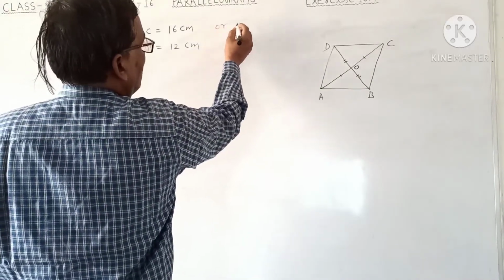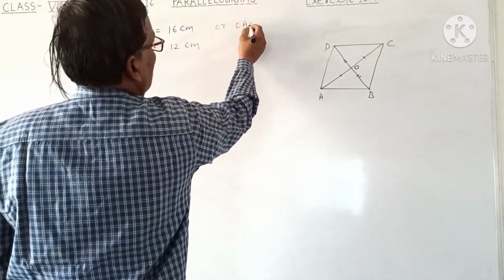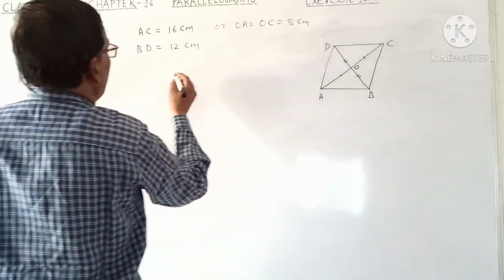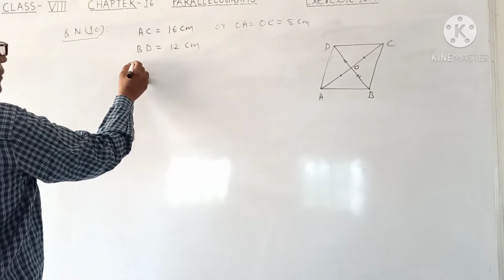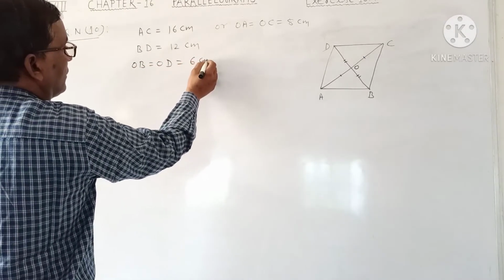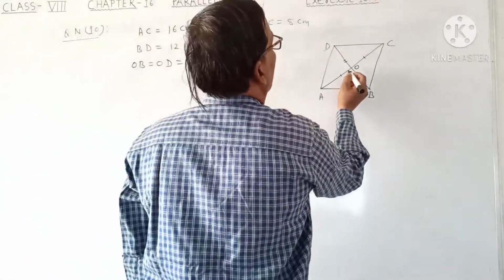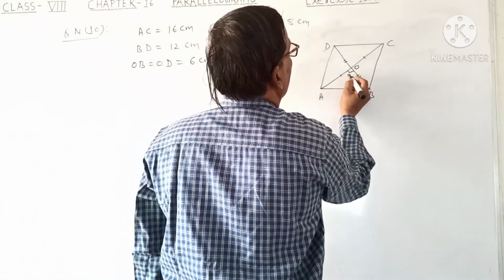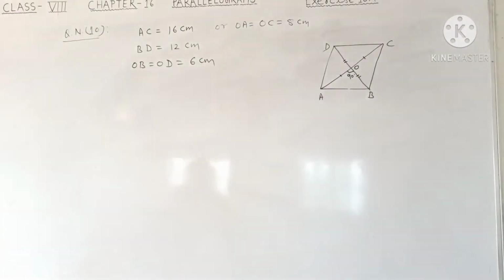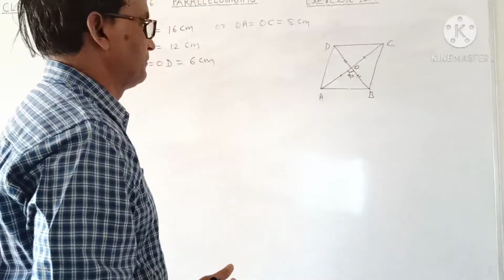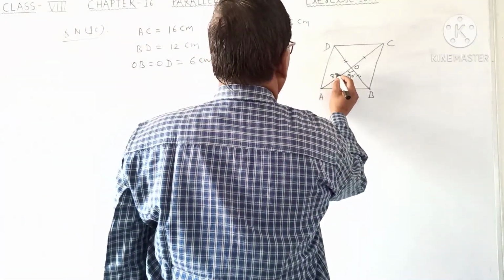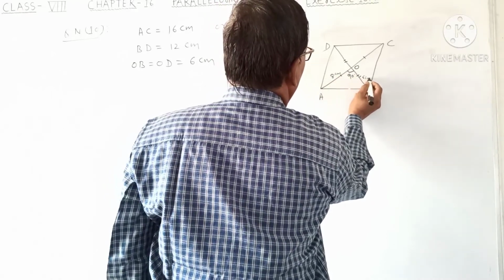Or OA equal to OC equal to 8 centimeter and OB equal to OD equal to 6 centimeter. And the diagonals of a rhombus bisect each other at 90 degree. हम लोग जानते हैं कि जो डायगोनल होते हैं rhombus के वो 90 डिग्री पे एक दूसरे को बाइसेक्ट करते हैं. So it will be 8 centimeter and this will be 6 centimeter.